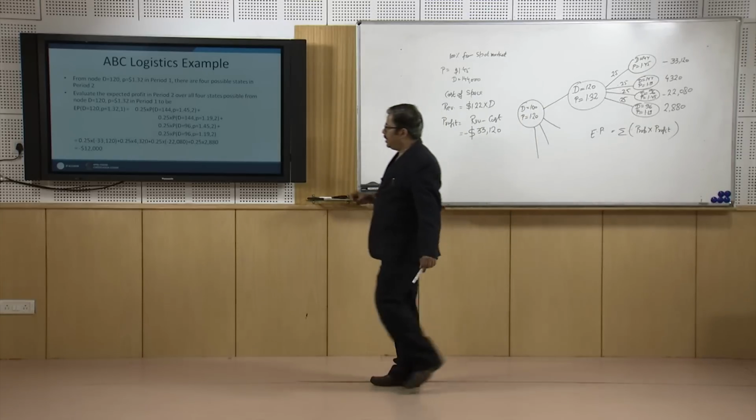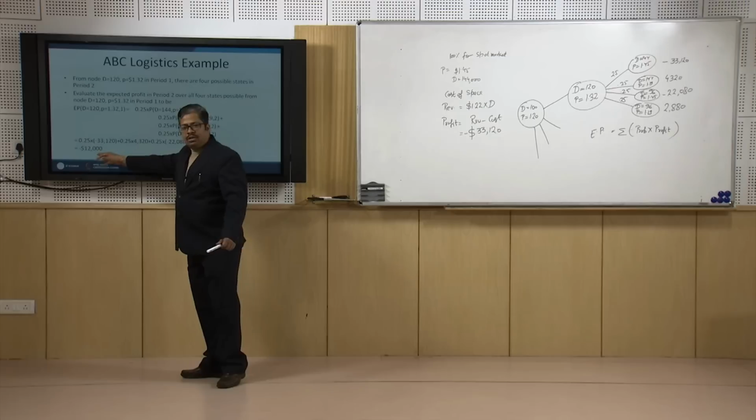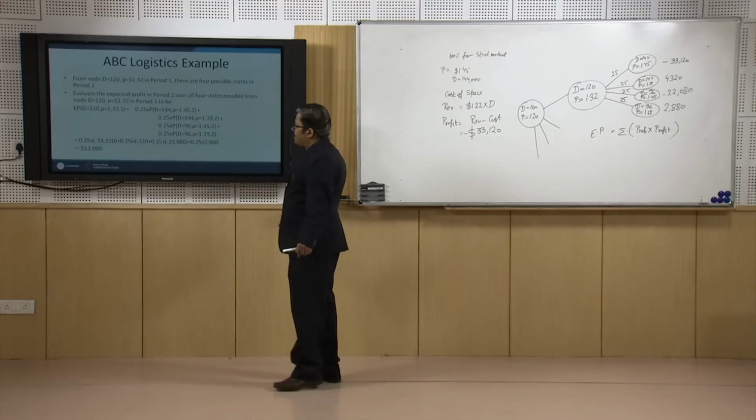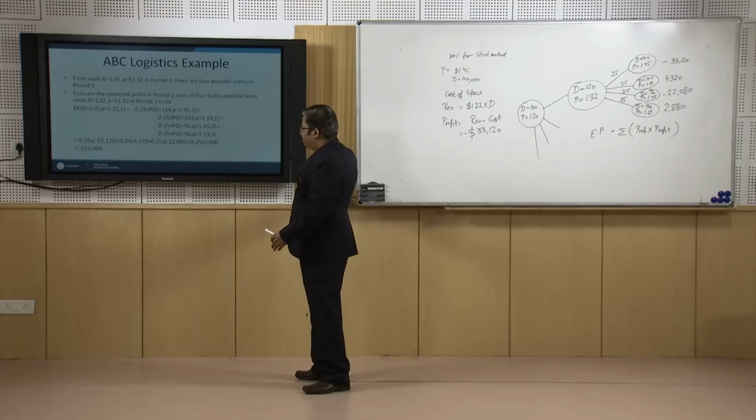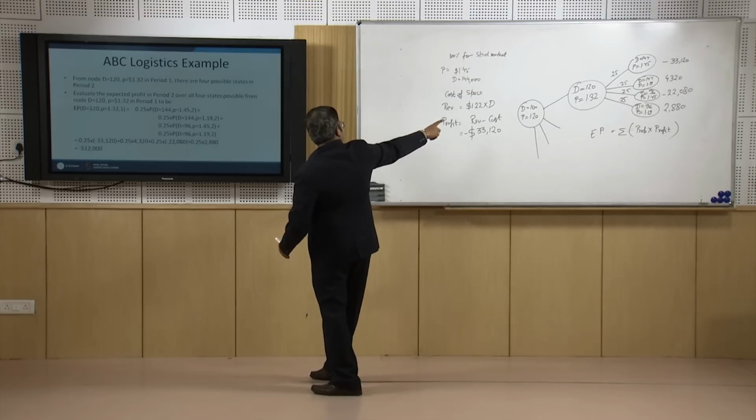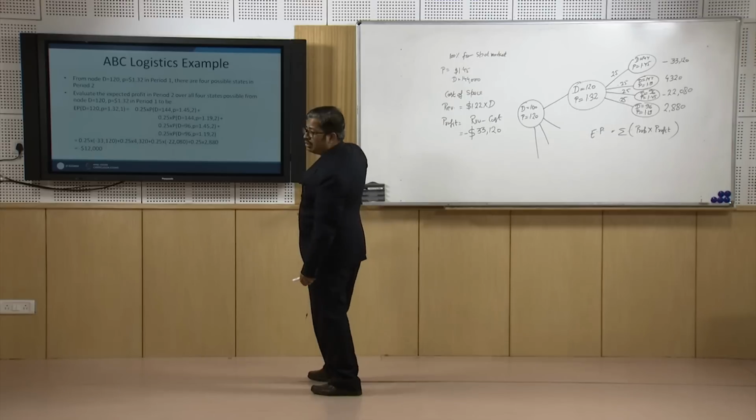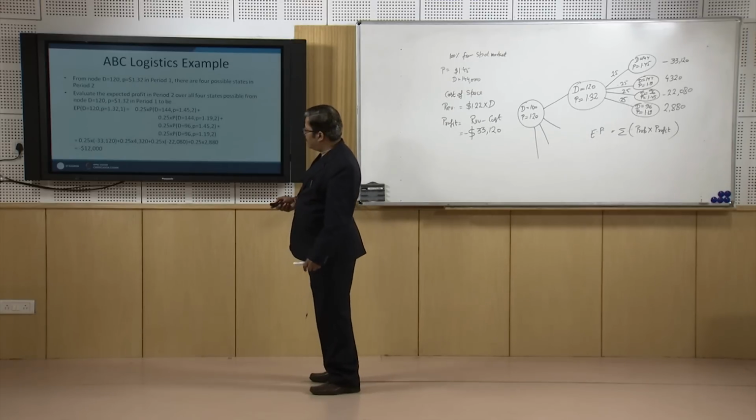So that comes to be minus 12,000. This is minus 12,000, that is the expected profit at period 2 from D equals 120 and P equals 1.32, that is state number 1 in period 1.